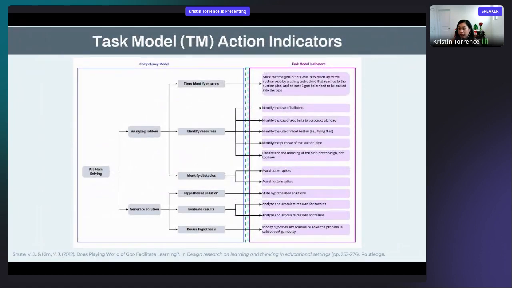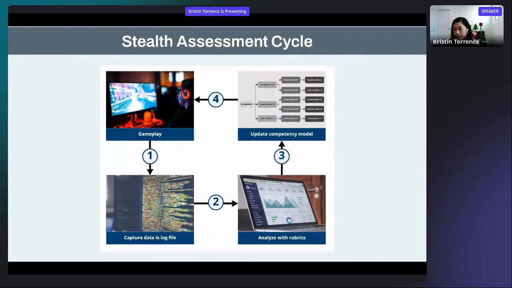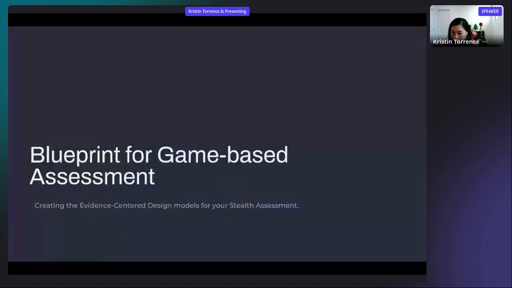Some of the tasks that were presented to players in Fisty's Bog were identifying use of balloons, avoid upper spikes, avoid bottom spikes, modifying your hypothesis to solve problems in subsequent gameplay. These are the indicators that the game and the logs are looking for to inform our competencies. And again, this utilized the self-assessment cycle.